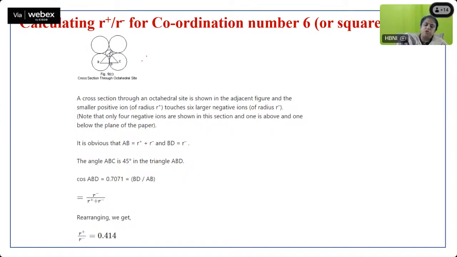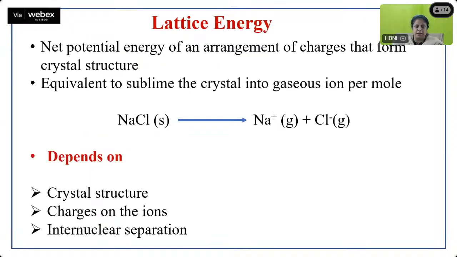Here, because all the bonds are equal, unlike the tetrahedron, we assume the square in the center. This is your octahedron, cation at the center, one up, one down, and I am taking these 4 circles. If you have any problem in this, it's simple geometry. You're very welcome to come back to me in the next class, and we'll get back to this slide.